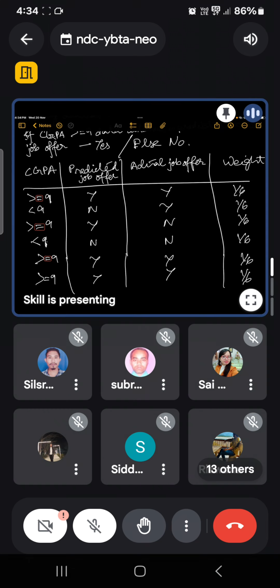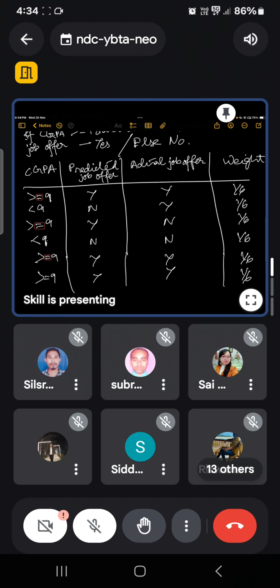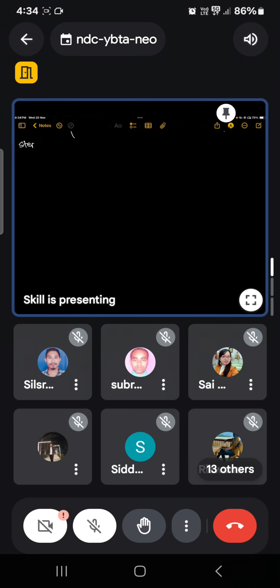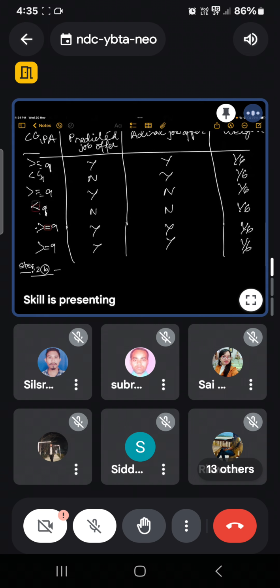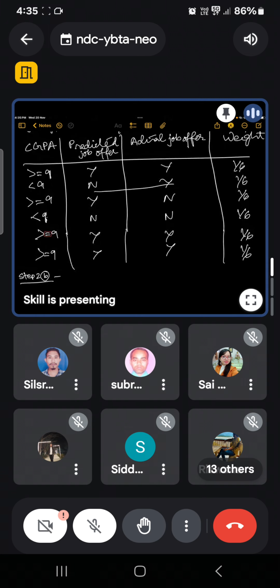Then we will move on to step 2 of B. From this table, you can see that the predicted job offer and this actual job offer are not matching. So it's a misclassification.